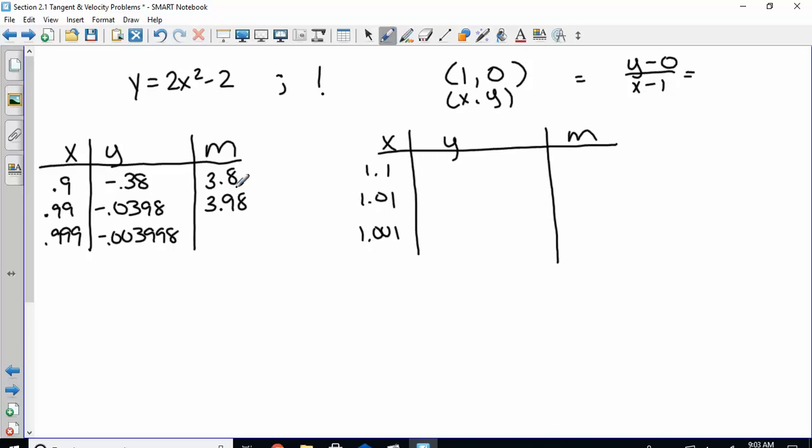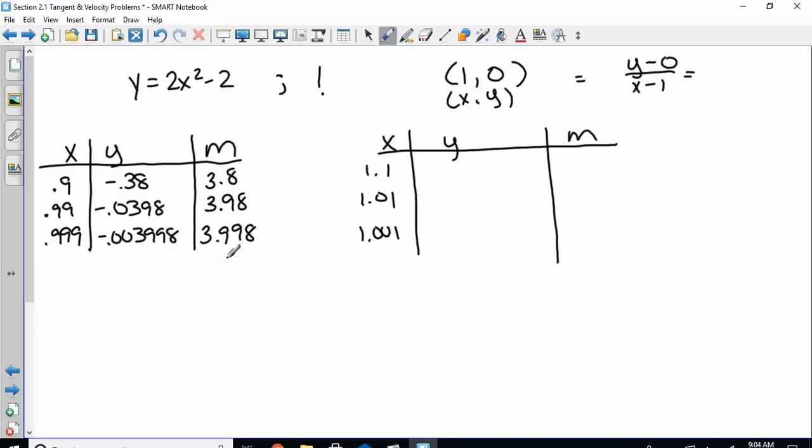The third one, I have my negative 0.003998 minus 0 over 0.999 minus 1. Do you guys all know how I'm getting those slopes?